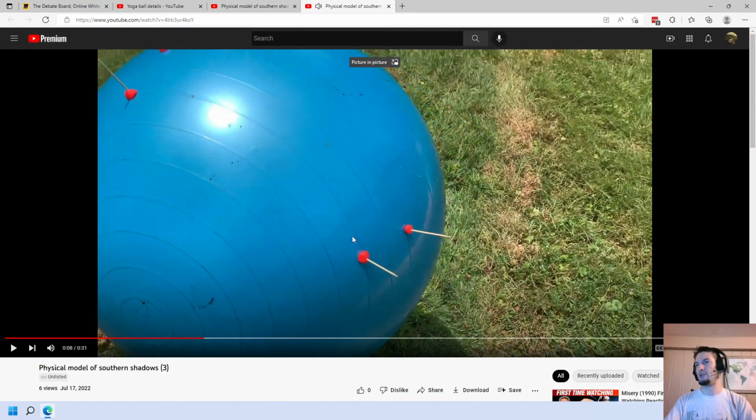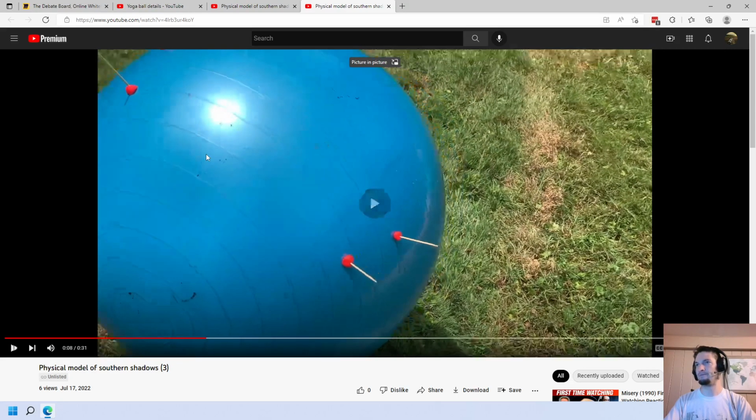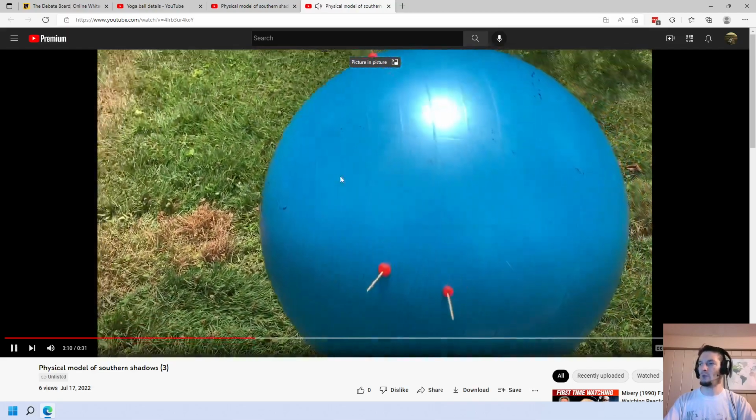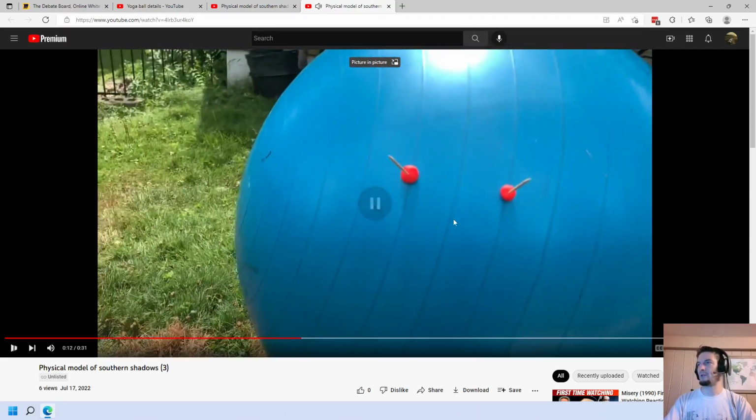And once again, you can see that these markers are on the same lines of latitude, this pair and this pair. Once again, I come around and I show you that the shadows are pointing south of due west.